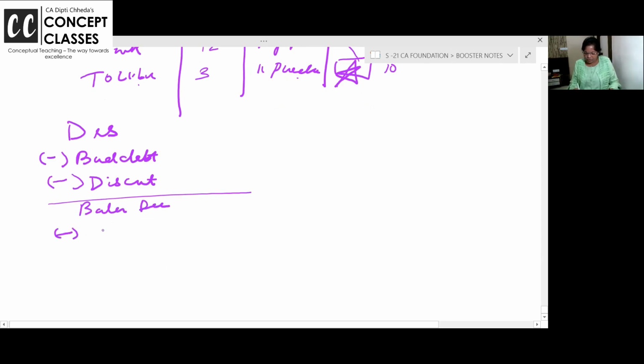Balance debtors, we should make closing provision for doubtful debts. Closing provision for doubtful debts on the balance debtors.